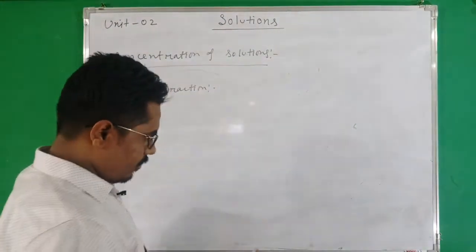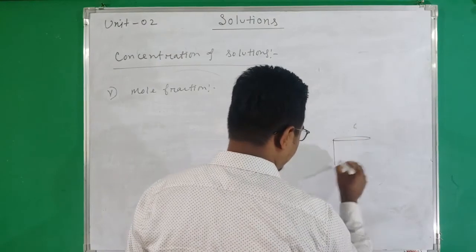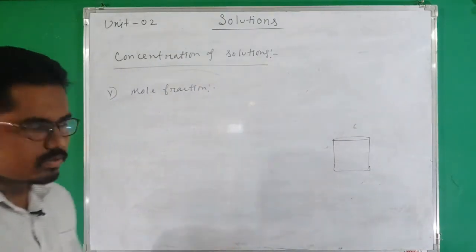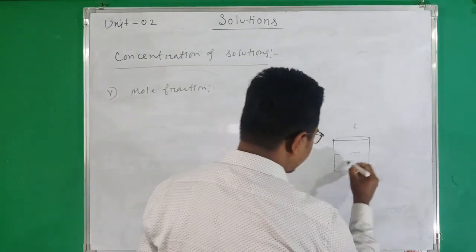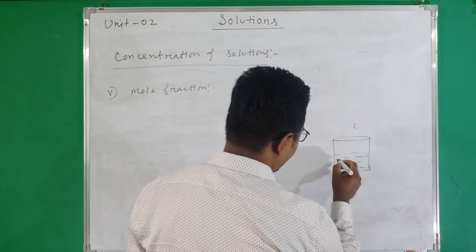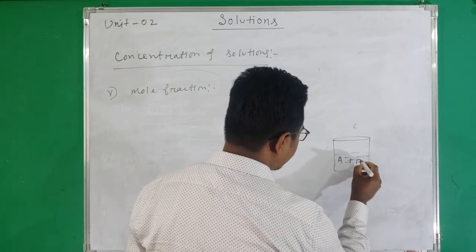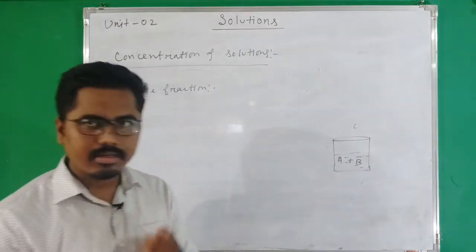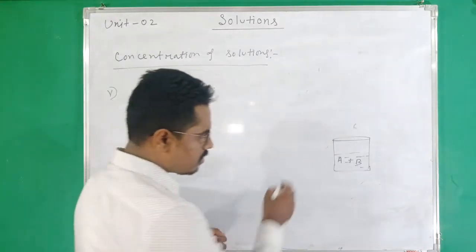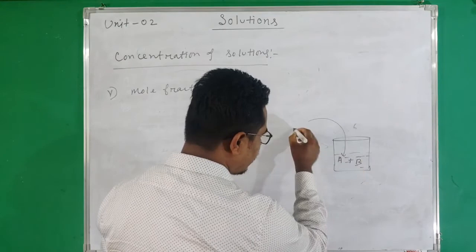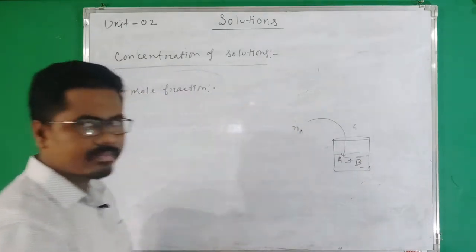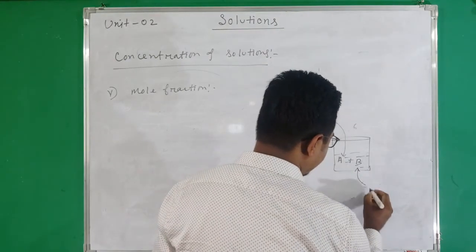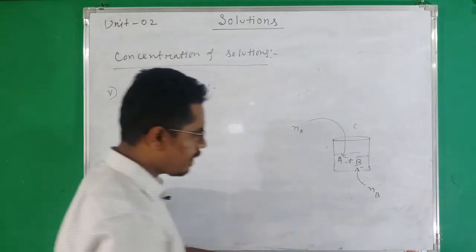Suppose we have a solution in which 2 components are present, one is A, another is B. Suppose number of moles of component A is Na, and number of moles of component B is Nb.